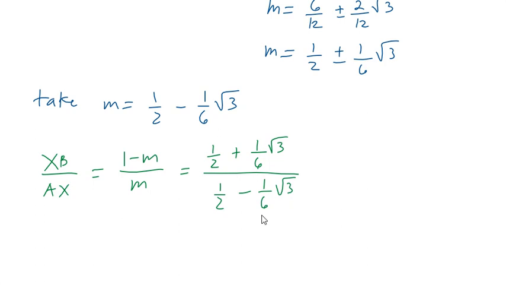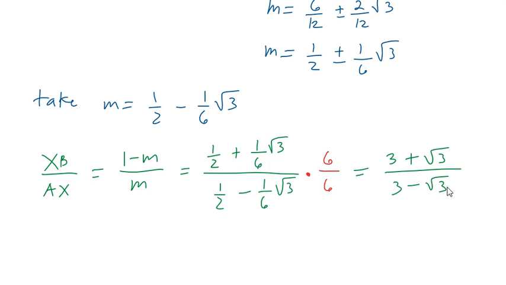Take note that this expression is the same thing as this expression times 6 over 6. Okay? Because 6 over 6 is just 1. So this is equal to 3 plus square root of 3 divided by 3 minus square root of 3.